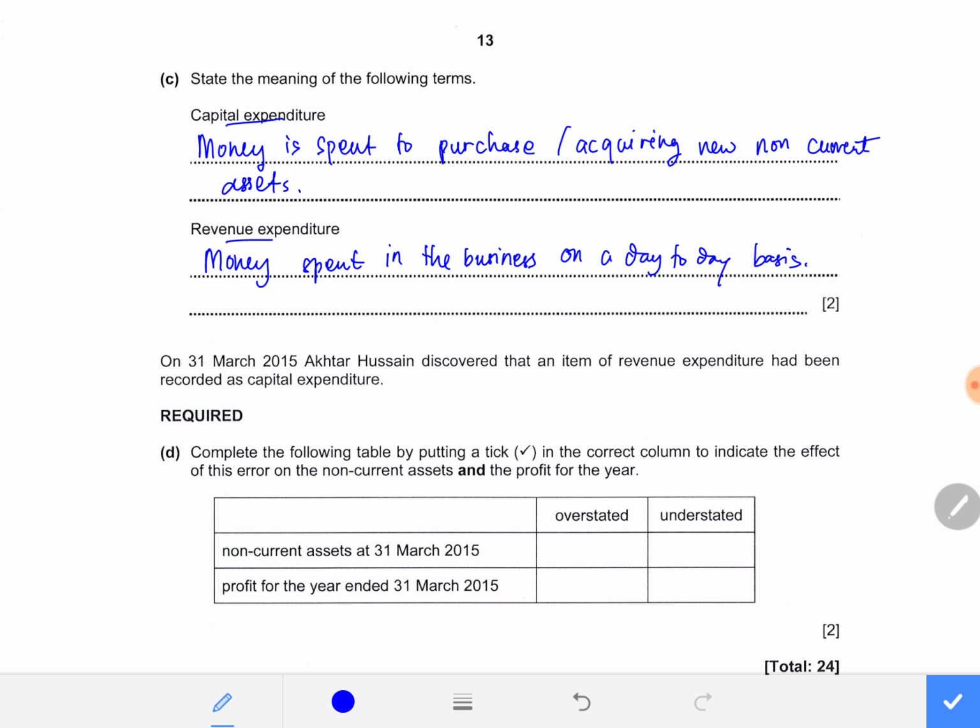Okay, so capital expenditure is to purchase non-current assets. Meanwhile, revenue expenditure is for day-to-day activities.